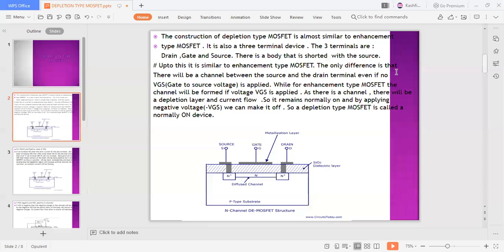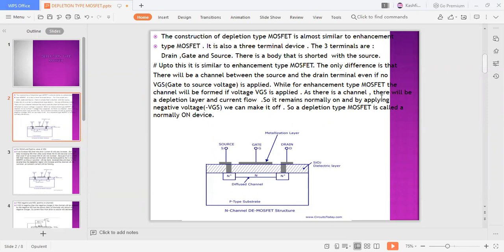The only difference is that there will be a channel between the source and the drain terminal even if no voltage VGS, gate to source voltage, is applied. If we give VGS equals 0 volt, there will be a channel, while for enhancement type MOSFET, the channel will be formed only if voltage VGS is applied.